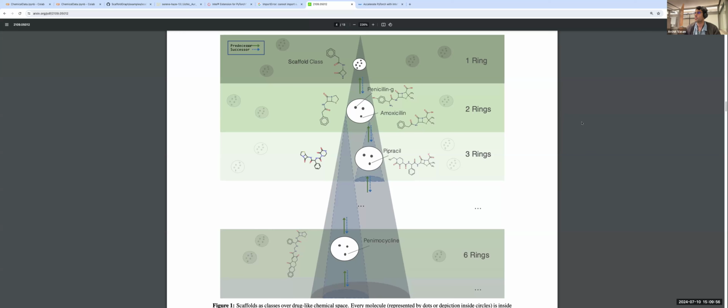And so the work that I've been, or at least thinking about, is constructing a molecular foundation model using this scaffold graph idea. So this idea that different compounds might inherit different elements here.